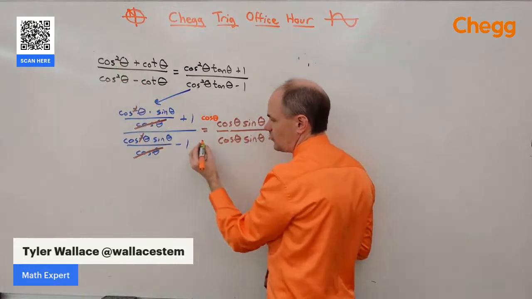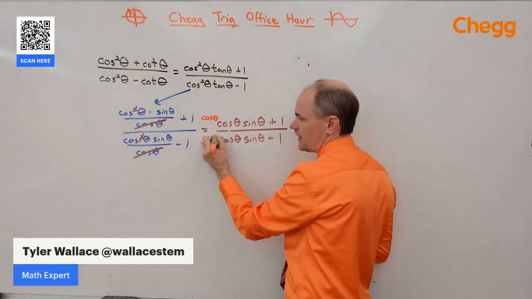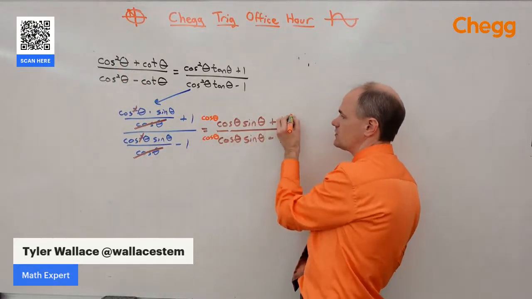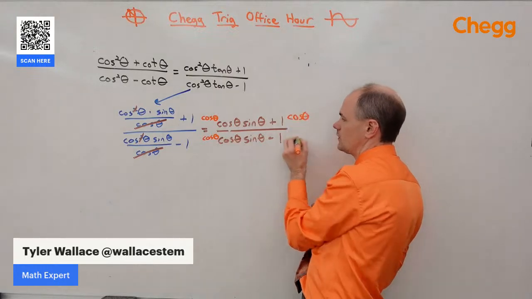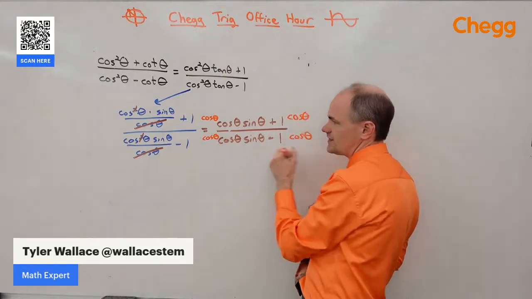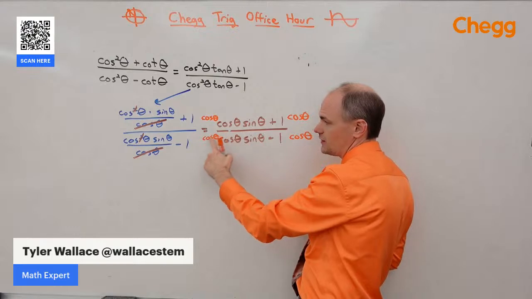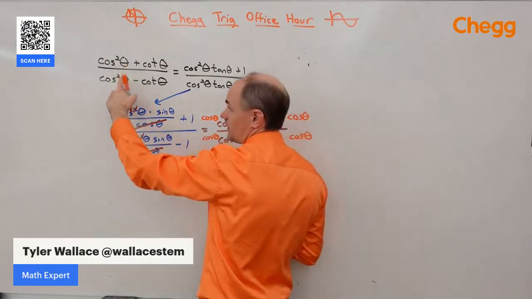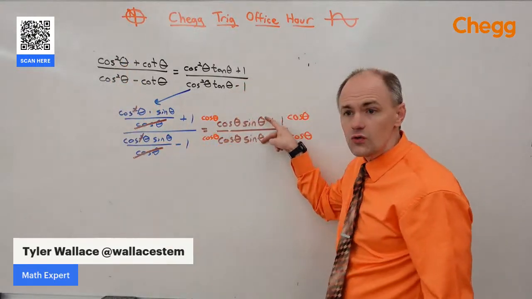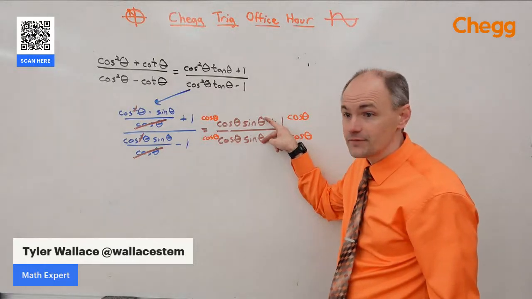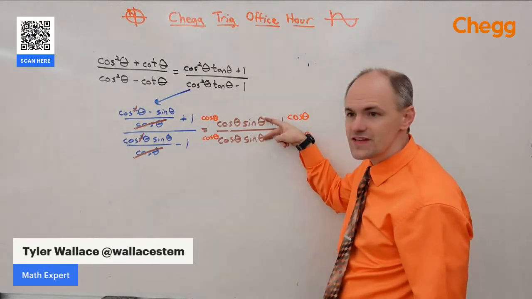That would give me cosine squared. So I would multiply that on top and bottom, and then distribute it through, cosine, cosine, because now that's going to give me cosine squared. Cosine squared, that's what I want. I don't want these sines here. How do I get rid of these sines?